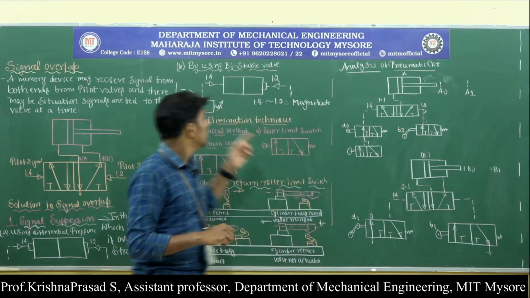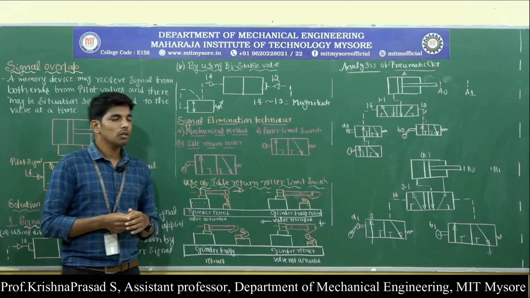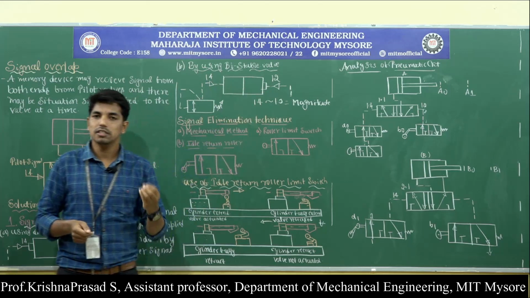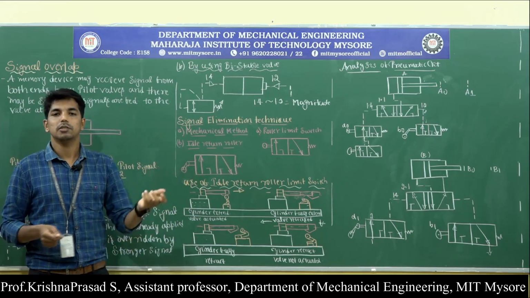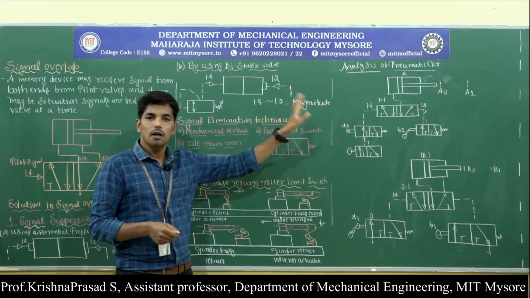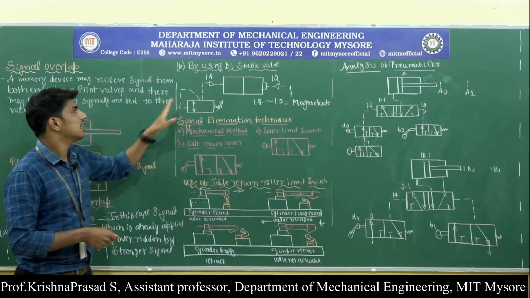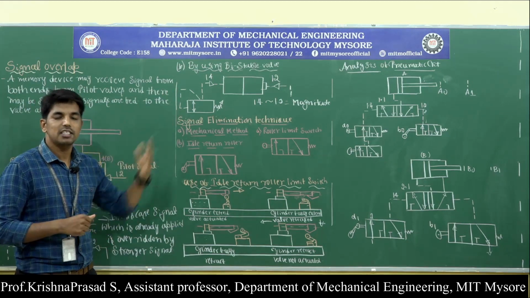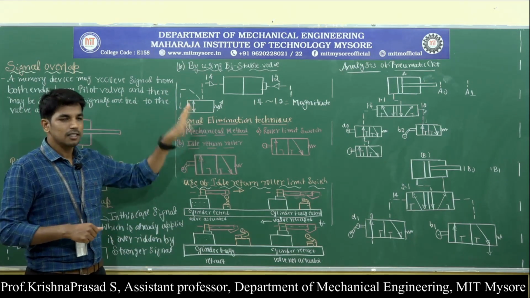Similarly, in case of the bistable valve, the two pilot signals should be chosen such that there is some pressure difference of some magnitude between them. So this is regarding signal suppression by using the bistable valve. Bistable valve or reversing valve, both are the same.